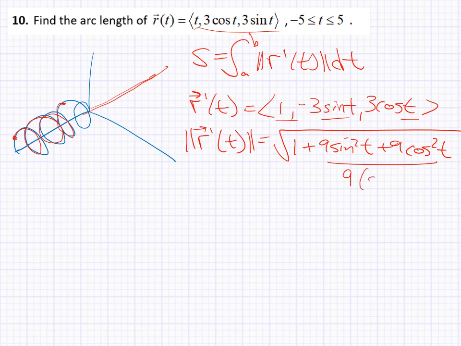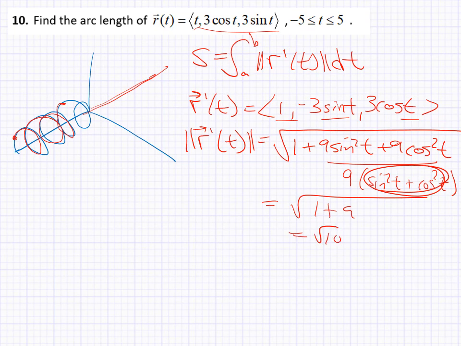At the 9, you're left with sine squared t plus cosine squared t plus 9, because this is equal to 1, so the square root of 10. Time is square root of 10. We know that that's not always going to be a constant. Sometimes it's a function of t, sometimes it's a constant, something we talk.